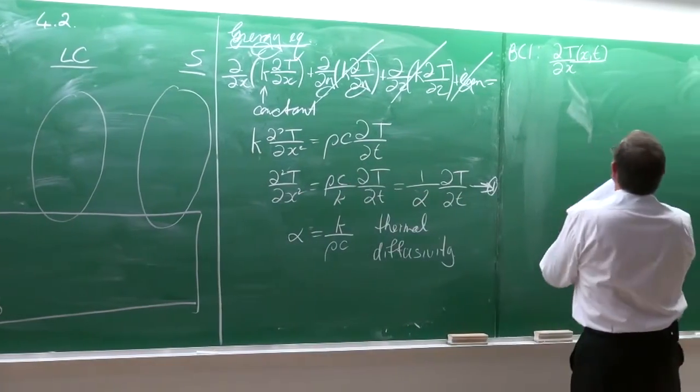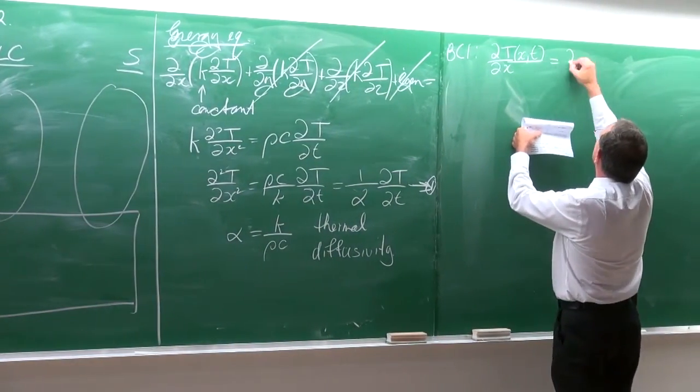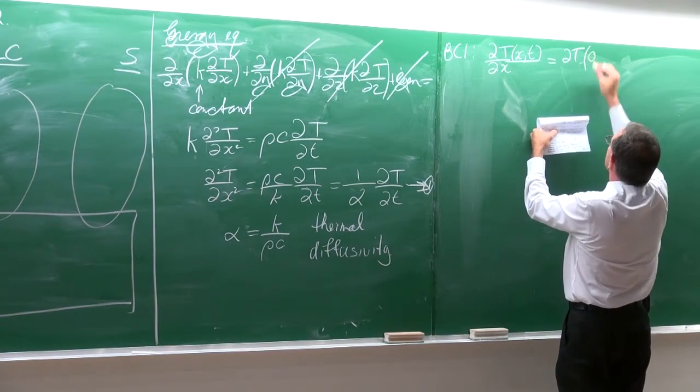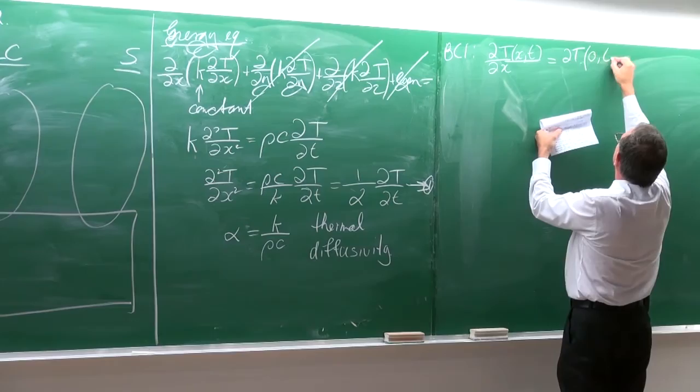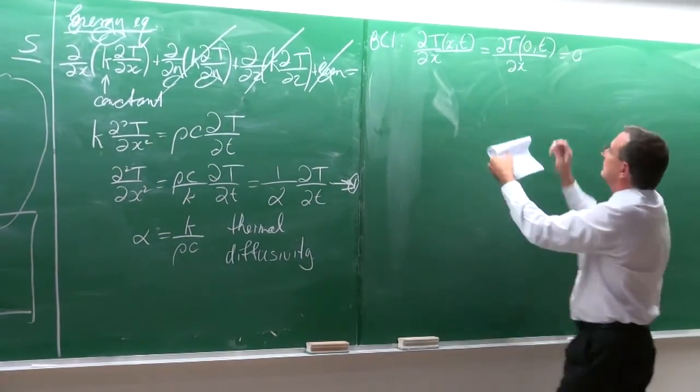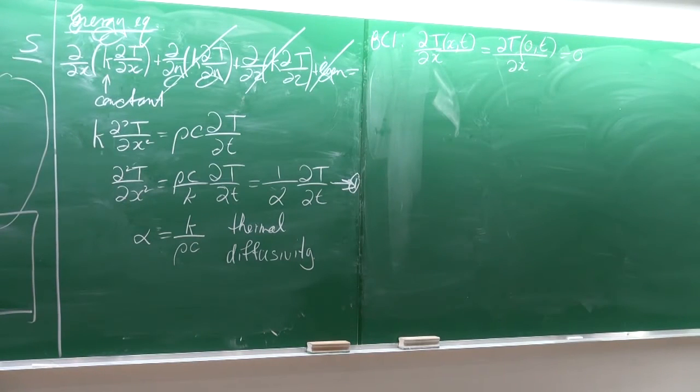So to put in the very important things, I'm going to do it like that. Partial dT(x=0, t)/dx would be equal to 0. So that is a symmetry boundary condition. Do you all agree with me?